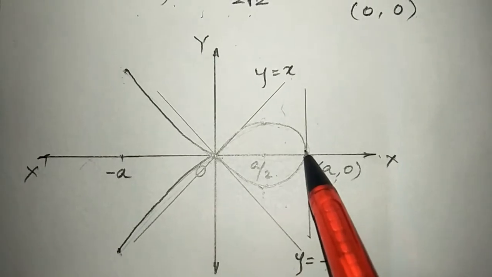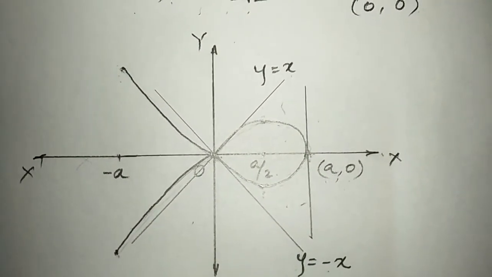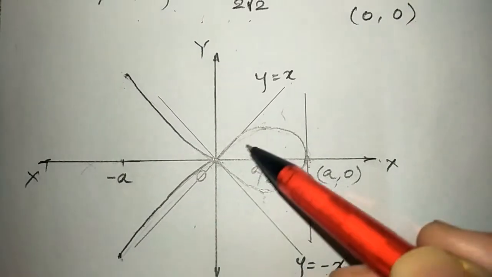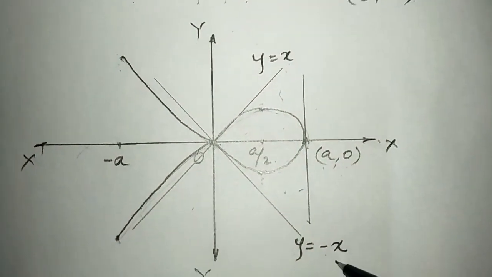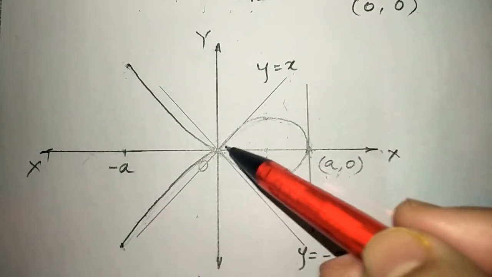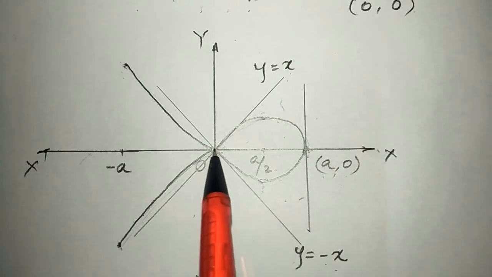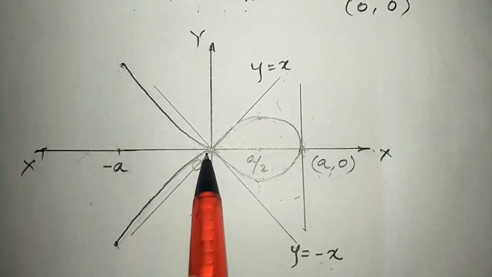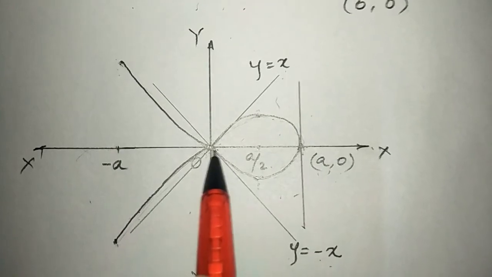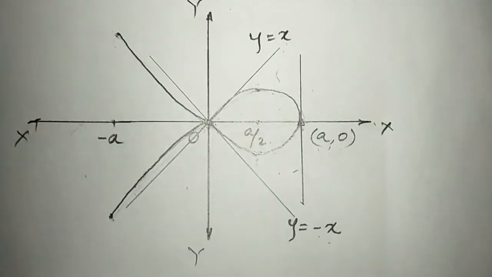It has a tangent at the point (a, 0) which is parallel to the y-axis, and it has tangents y is equal to x and y is equal to minus x at the origin. And the curve exists for x less than 0 and for the values of x from 0 up to x equal to a.